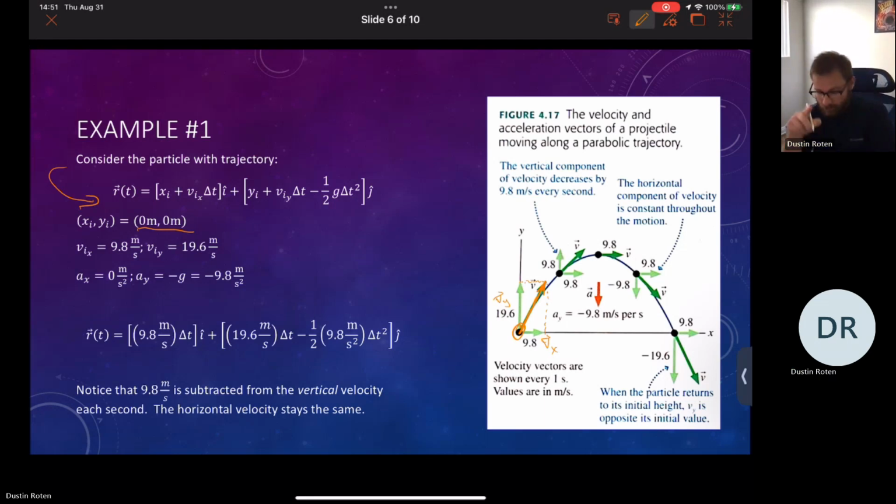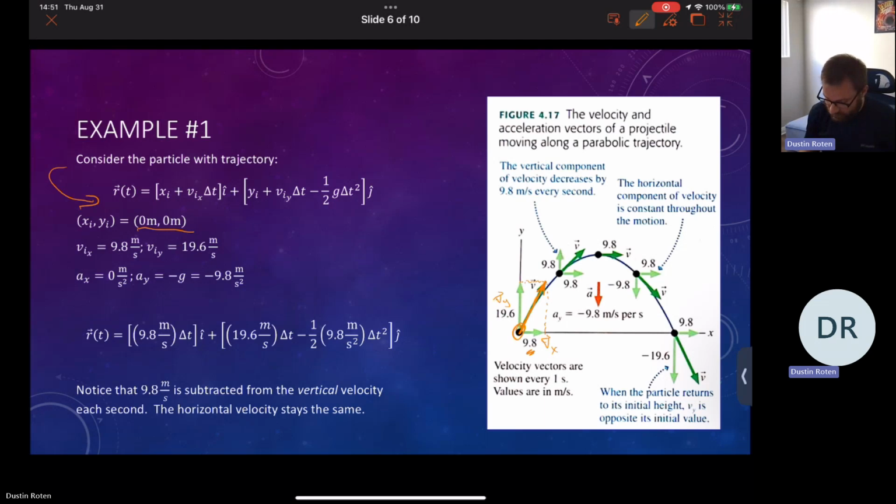Notice that this velocity chunk in the x direction is 9.8. This is not the acceleration, okay? It just so happens that the velocity in the x direction has the same magnitude as the acceleration in the vertical.